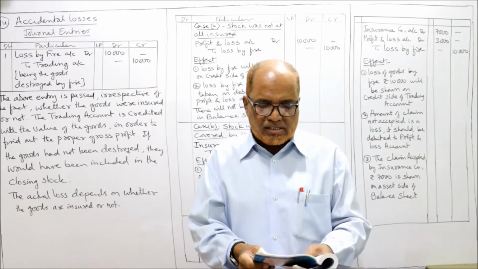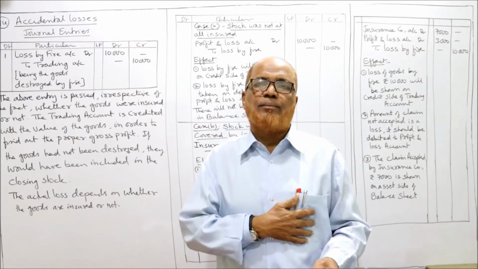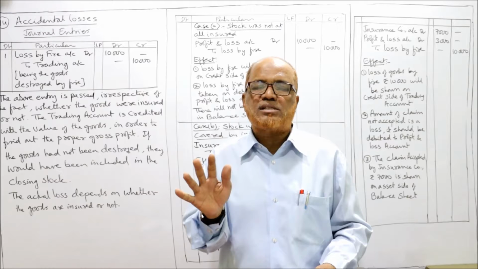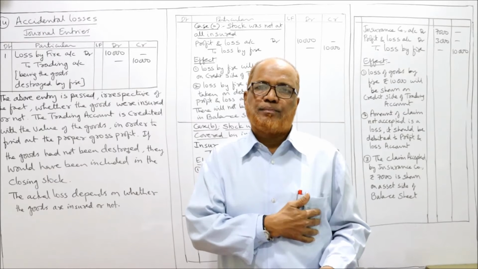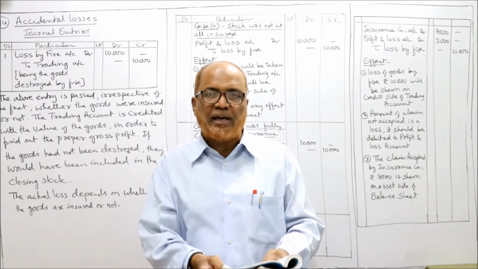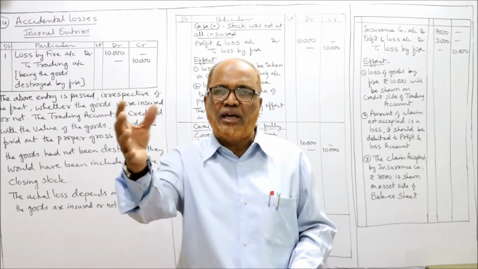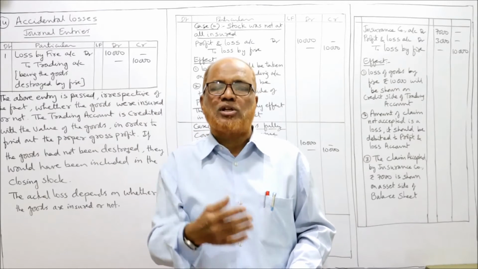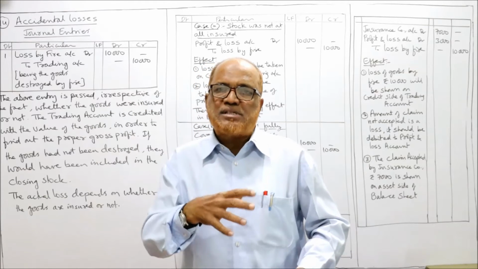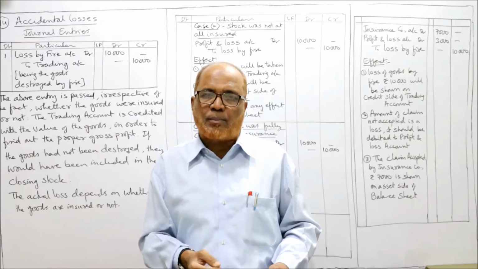In three different cases. The first case, stock was not at all insured. That means no insurance policy is taken for loss of stock. Second case, the stock was fully covered by insurance. That means this 10,000 rupees is fully covered by insurance. An insurance policy has been taken, so the business can get the full amount of loss from the insurance company.